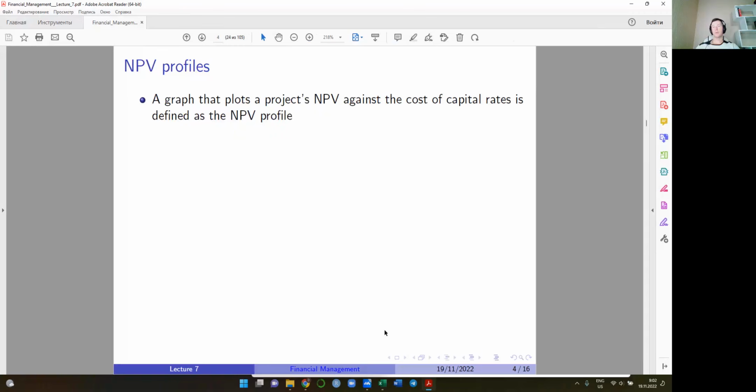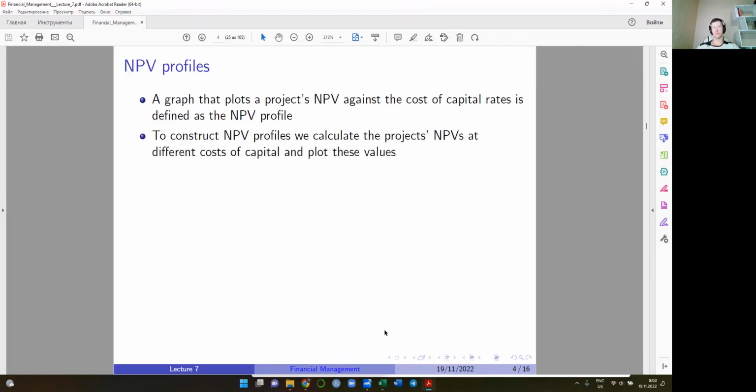So we start with the object which is called the NPV profile. What is that? This is a graph that shows a project's net present value against different costs of capital. If you want to construct this NPV profile, we need to calculate net present value at different costs of capital and plot these values.